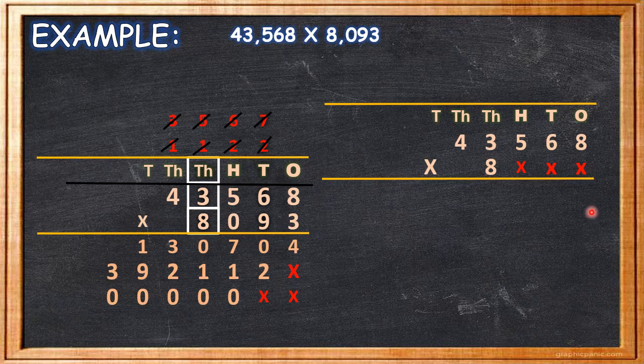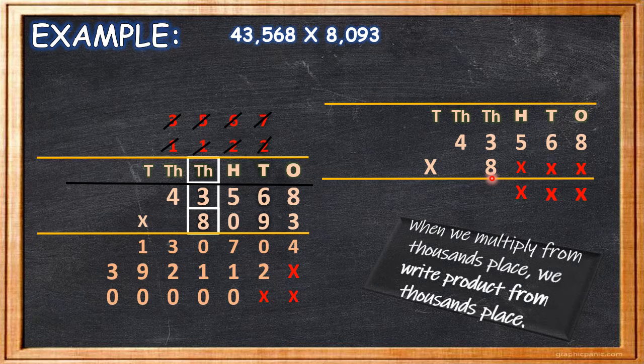I have written here. So as we are going to start multiplication from thousands place, we will be writing the product from thousands place only, children. So put cross at ones column, tens column, hundreds column. Yes, children. This is simple. When we multiply from the thousands place, we write the product from the thousands place only.